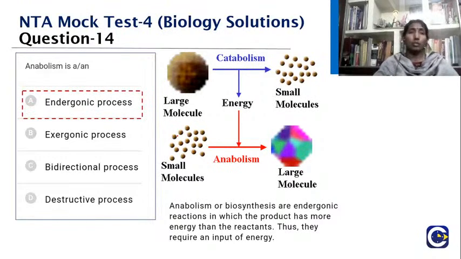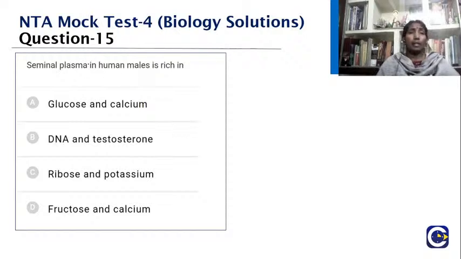Yes, very good students. The seminal plasma in human males is rich in glucose and calcium, DNA and testosterone, ribose and potassium, or fructose and calcium. So the seminal plasma is rich in what? The semen, which is ejaculated during sexual intercourse, releases some millions of spermatozoa.